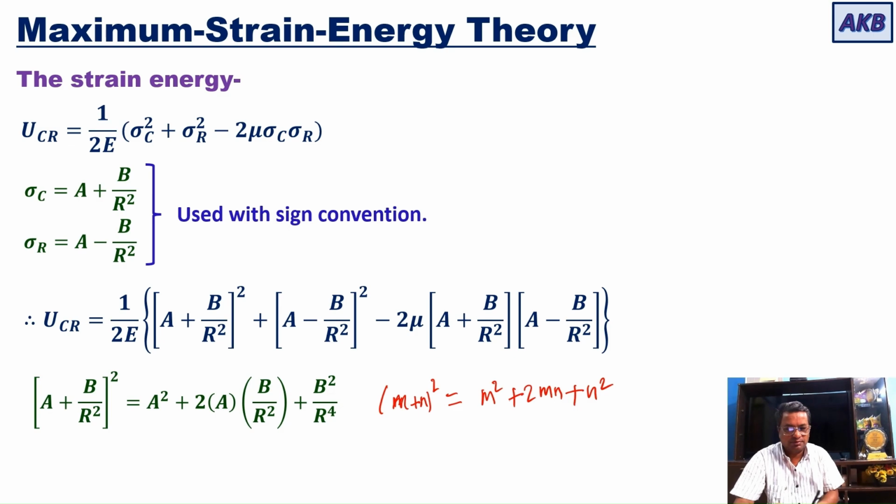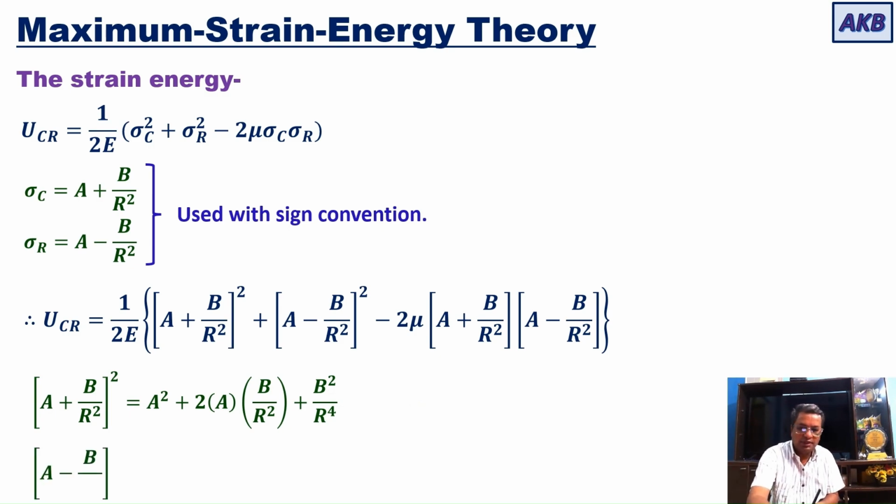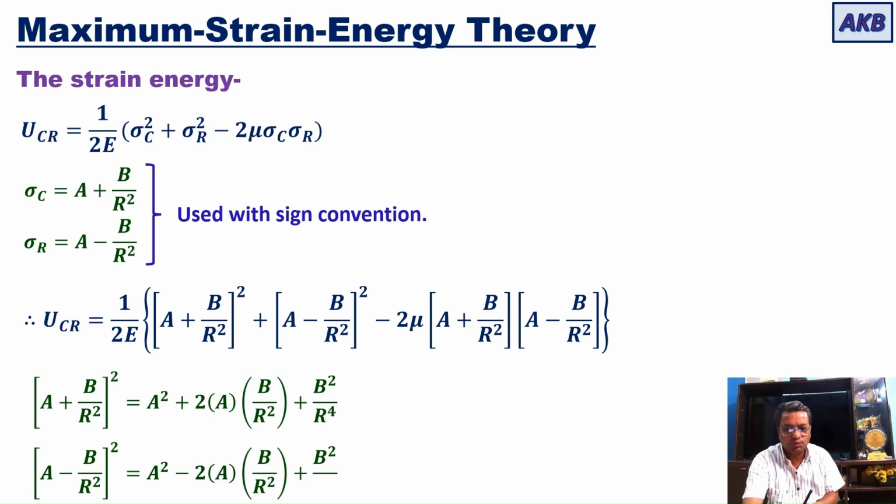Now let us open that. Similarly, A minus B upon R square, it will be A square minus 2 into A into B upon R square plus B square upon R raised to 4. Over here I have used this formula: (m minus n) square is m square minus 2 into m into n plus n square.